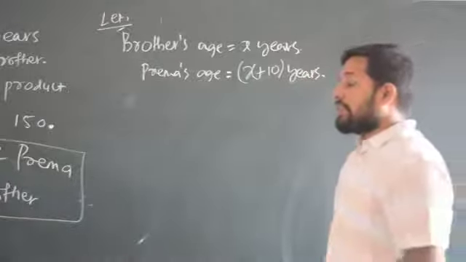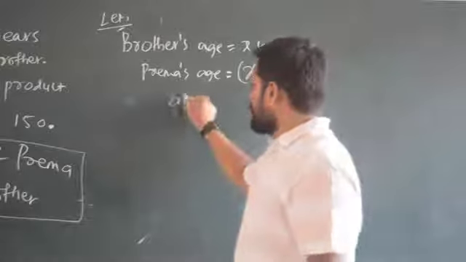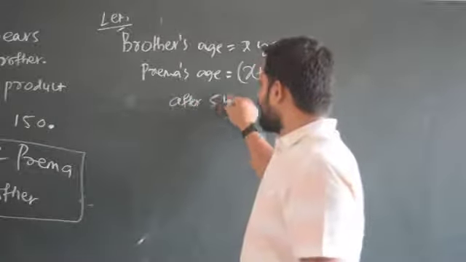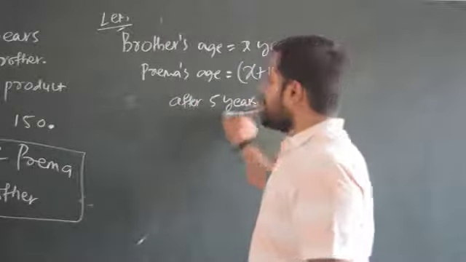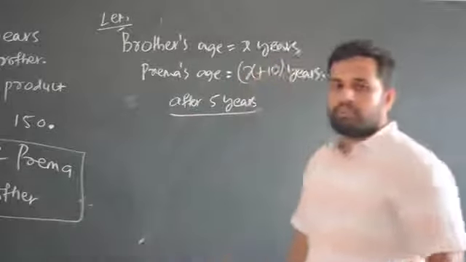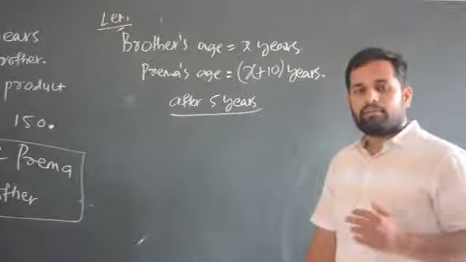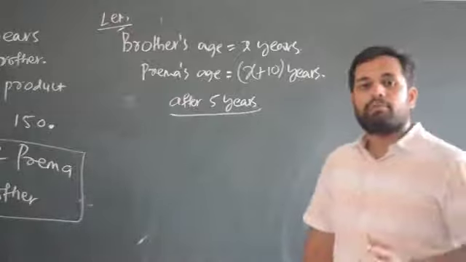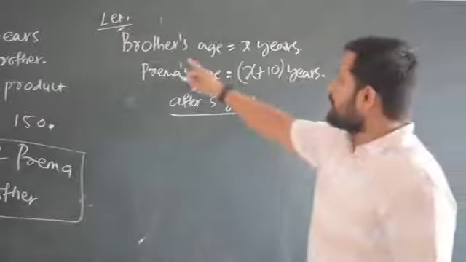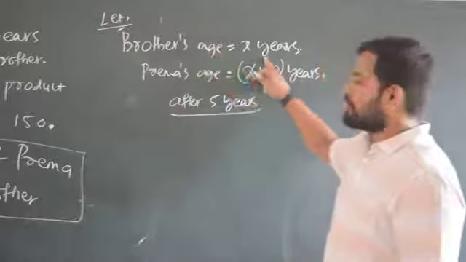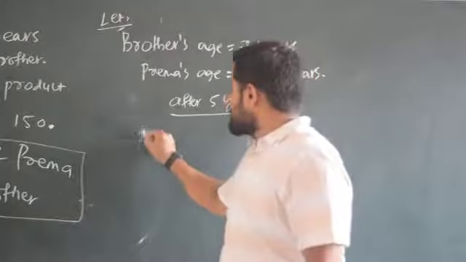Now what they are saying is, after 5 years. You understand the meaning of after 5 years? After 5 years, the product of their ages is 150. Now the present age of her brother is x years. What will be the brother's age after 5 years?